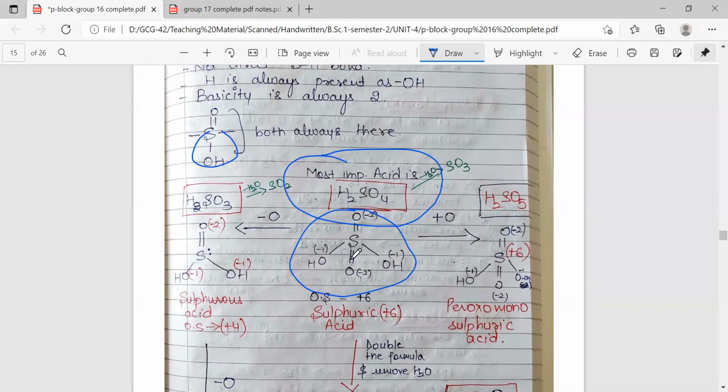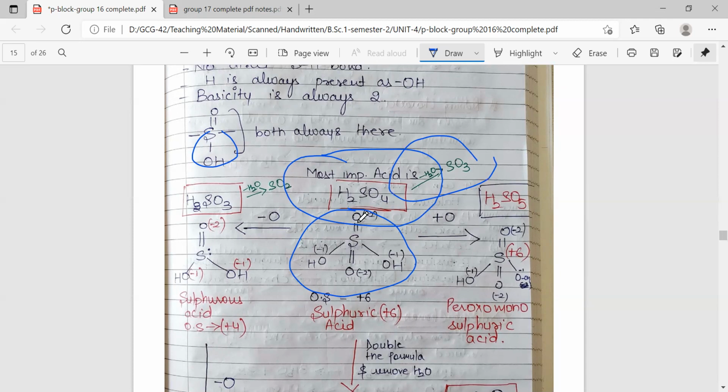If we want to know the oxidation state of sulfur, from here it comes out to be +6. The anhydride, which can be known by just removing the water molecule, is SO3. As I mentioned earlier, just by removing one oxygen, we can convert the suffix ic, as in sulfuric, to ous, that is sulfurous.